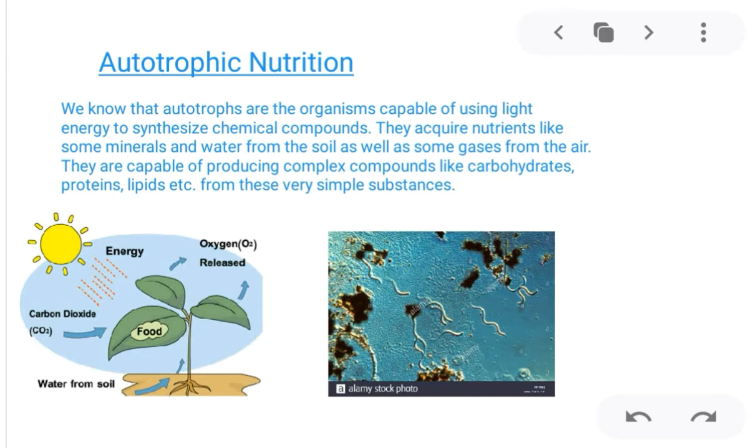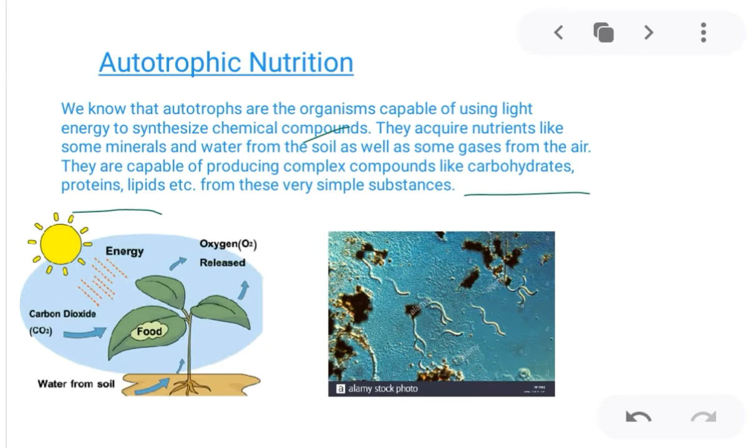We know that autotrophs are the organisms capable of using light energy to synthesize chemical compounds, right? They acquire nutrients like some minerals and water from the soil as well as some gases from the air. They are capable of producing complex compounds like carbohydrates, proteins, lipids, etc. from these very simple substances.